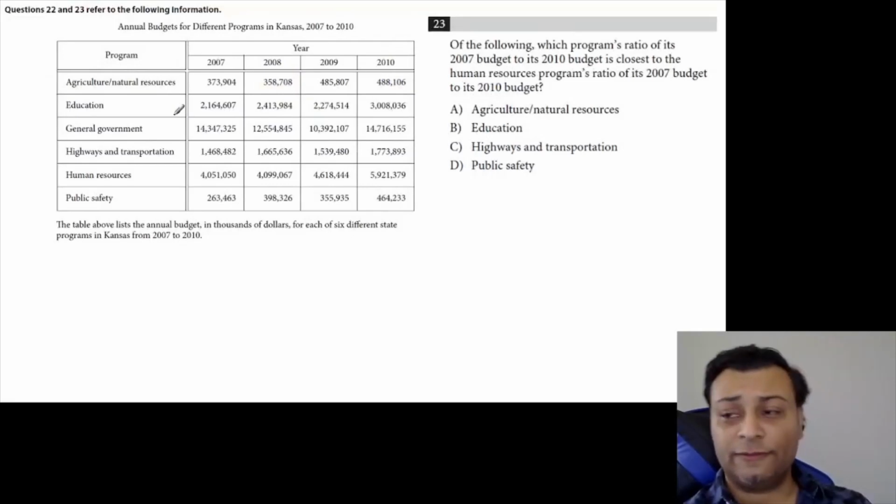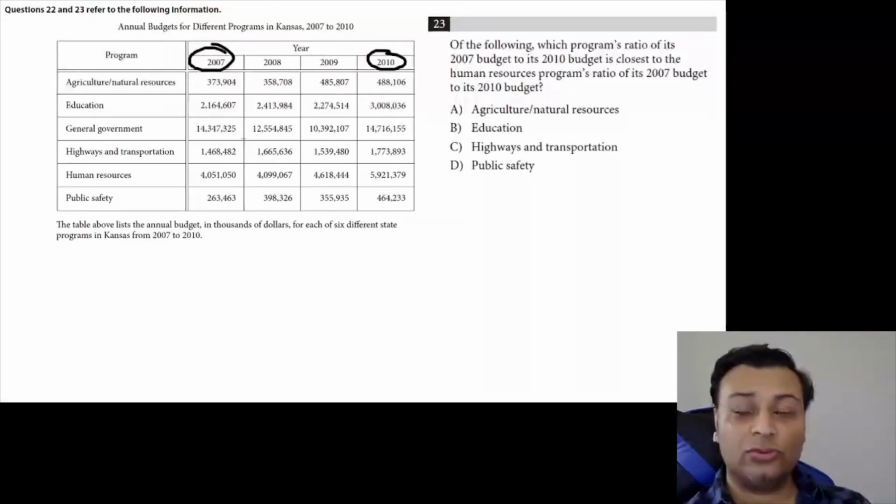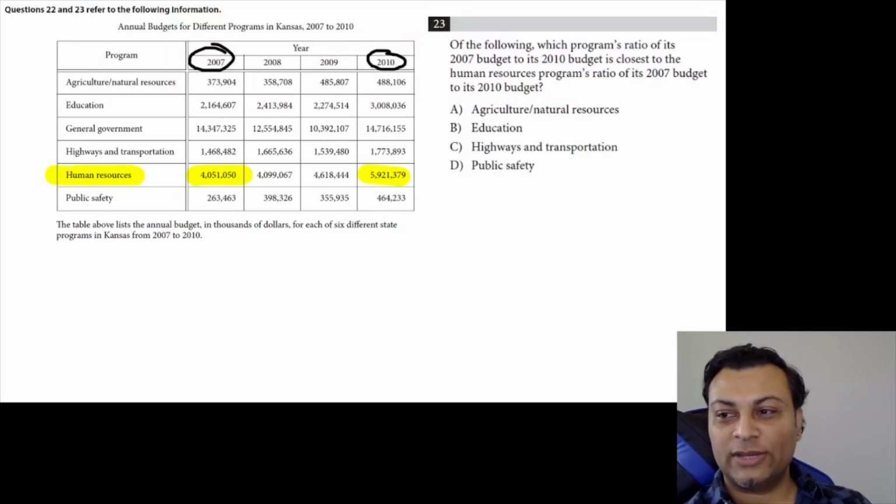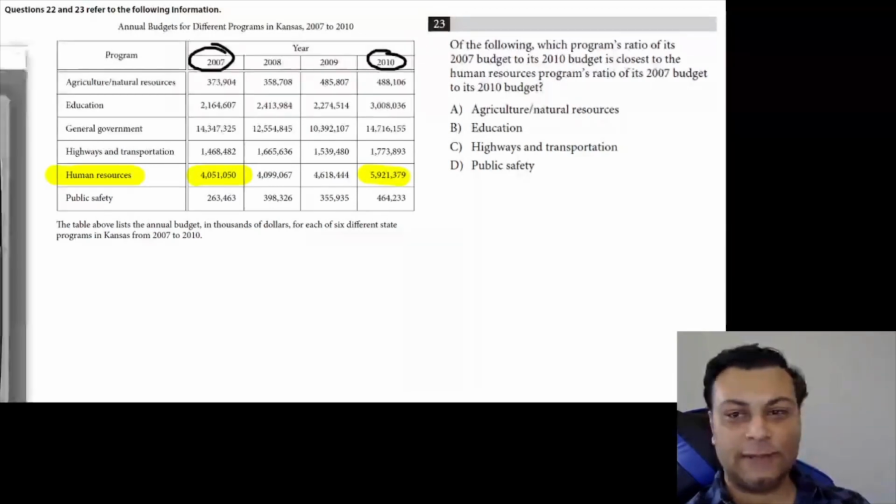Question 23: of the following, which program's ratio of its 2007 budget to 2010 budget is closest to the human resources program's ratio of 2007 to 2010? Well, let's figure out the human resources numbers. That's 4 million to 5.9 million. Let's grab the calculator for this.